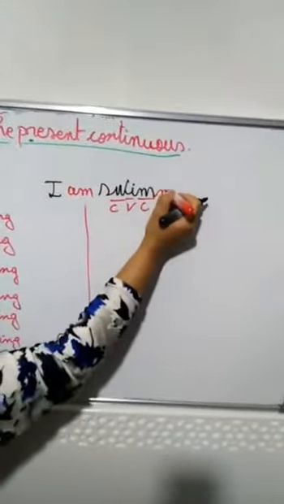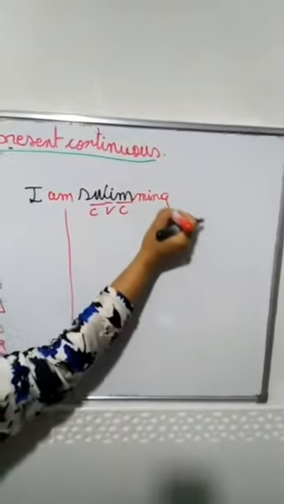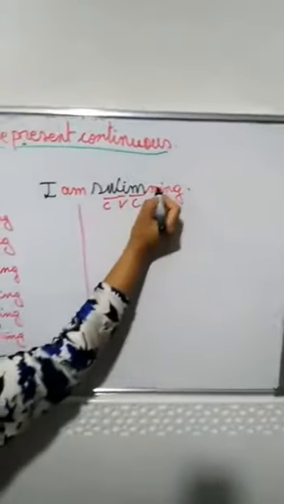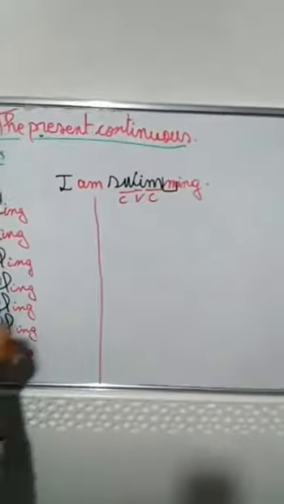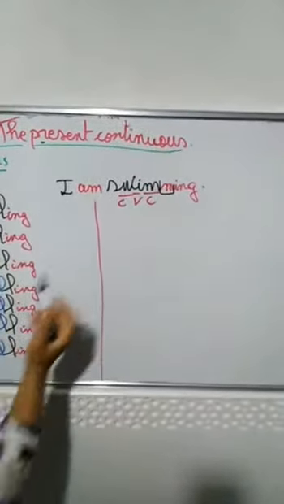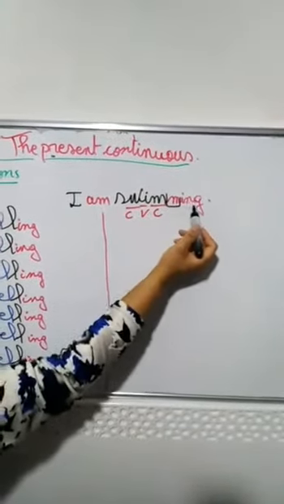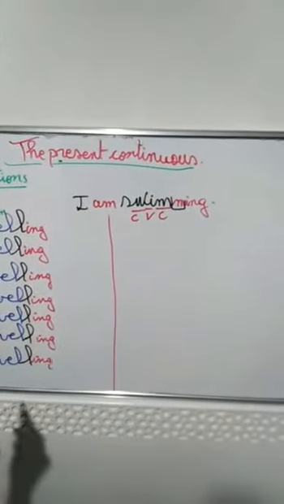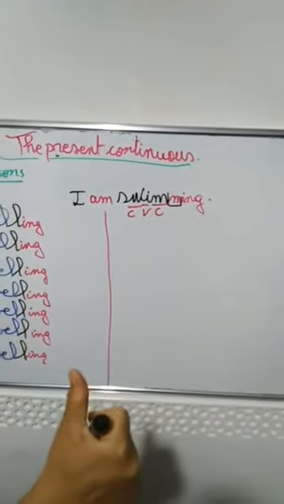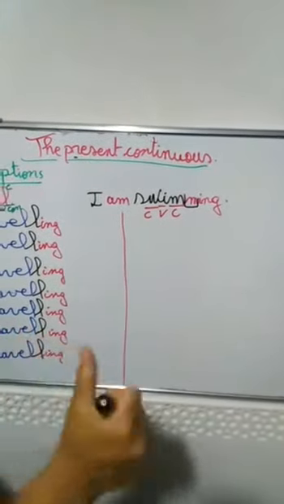I am, okay, I am swimming. So we double the last consonant, M, and then I add ing. Is this clear? That is the first exception.